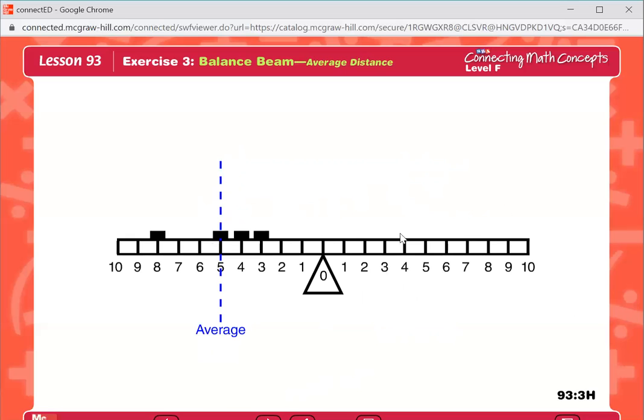We are going to place 4 weights on 5 on the right-hand side because our average is 5 on the left. 5 plus 5 plus 5 plus 5 also equals 20, just like this side. Left equals 20, right equals 20.